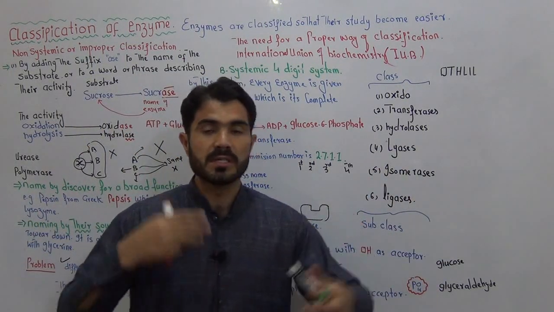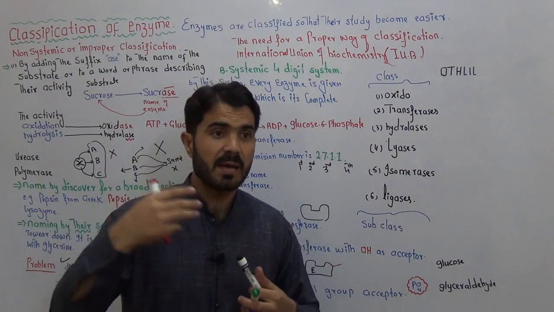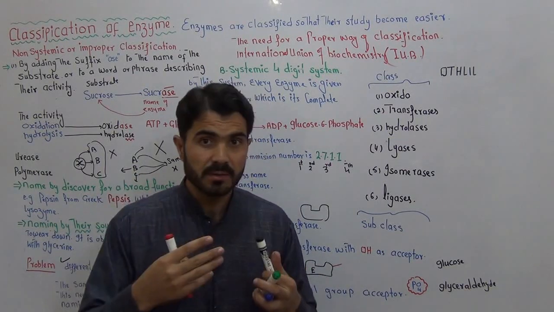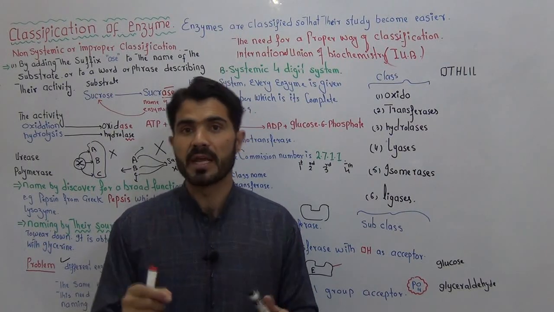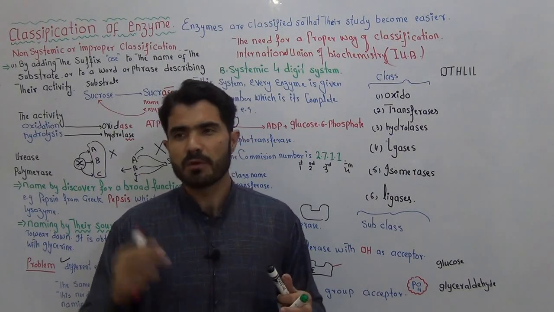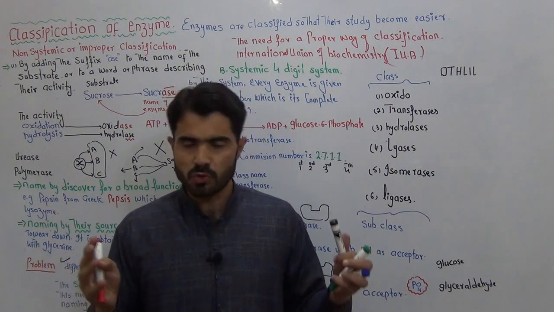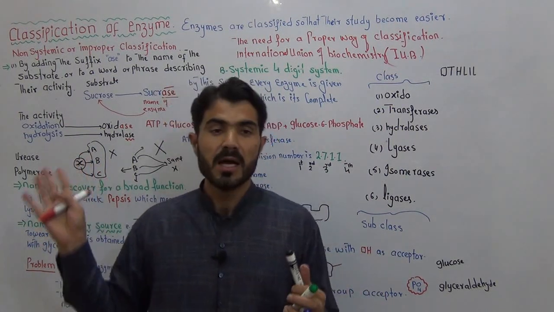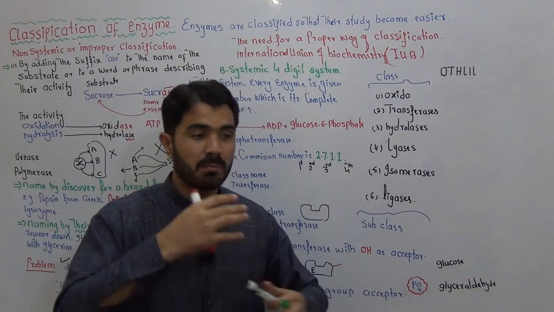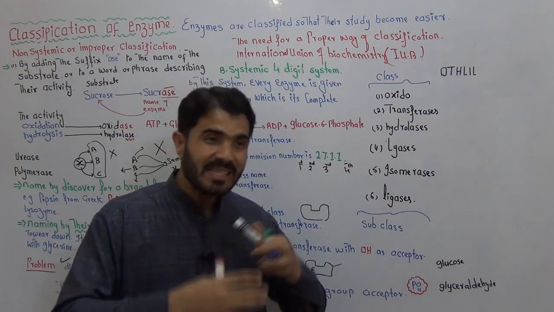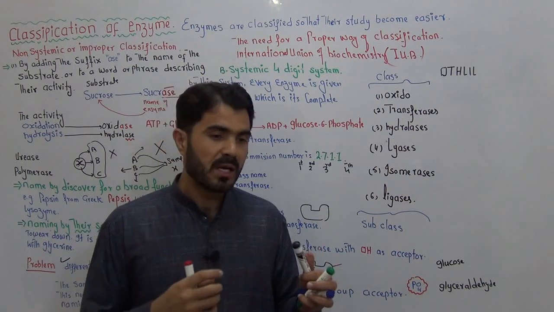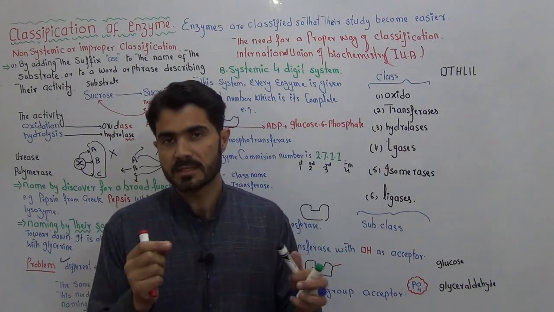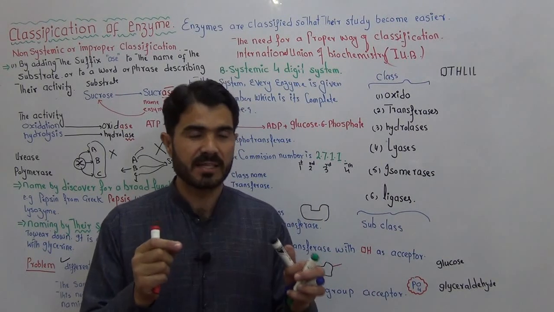Many enzymes were discovered, and the number reached a very high level, and every enzyme must be given a proper name. If the enzymes were 5 to 10 or 20, it's okay, we would go with this system. But with the passage of time, the number of enzymes increased to a very large number. So we must give a proper system. We must give a proper name to each enzyme.